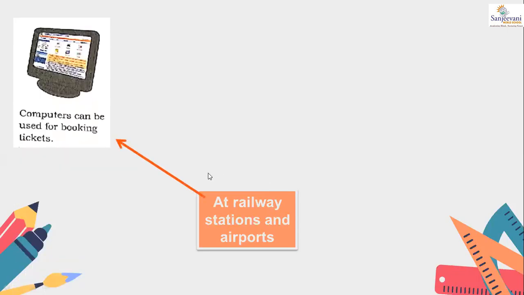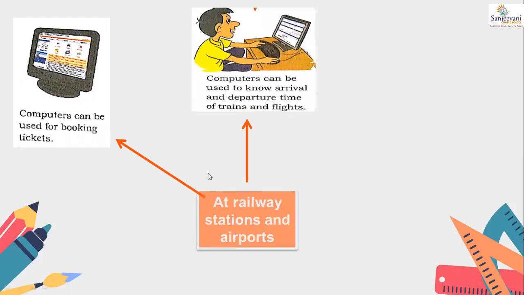So first, at railway stations and airports, computers are being used for booking tickets. Using a computer, the railway stations and airports book our tickets. The second use of computers is to know the arrival and departure time of trains and flights.